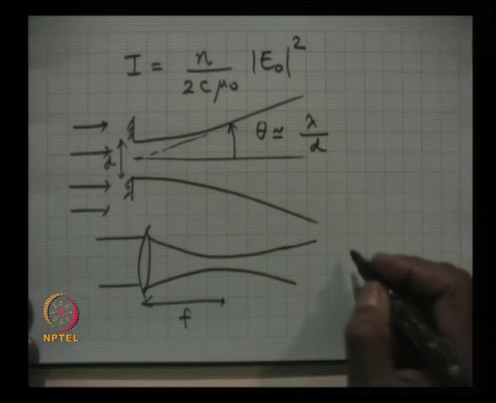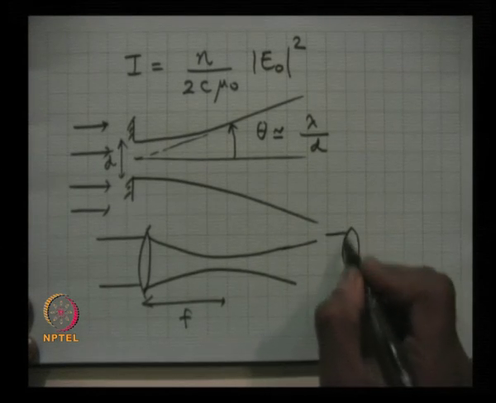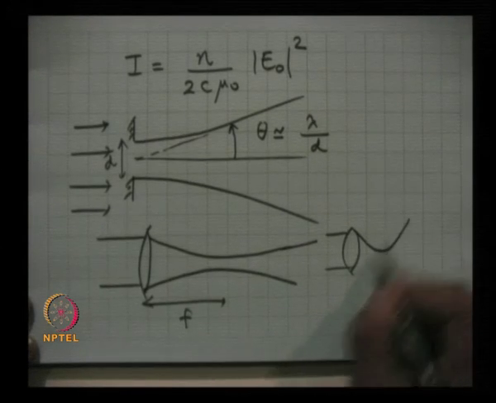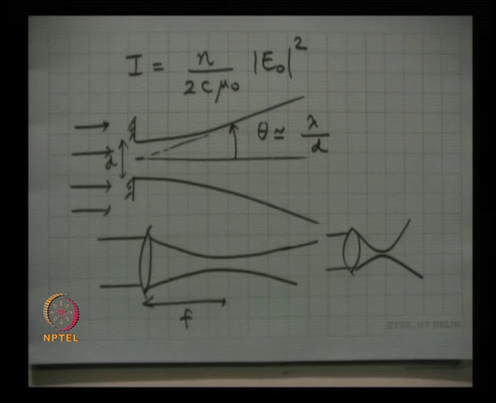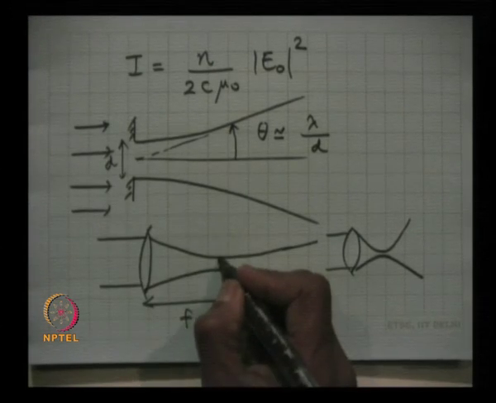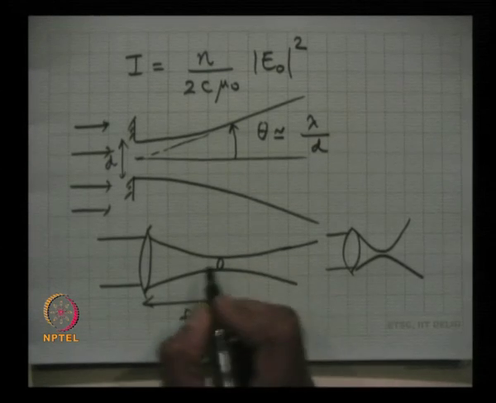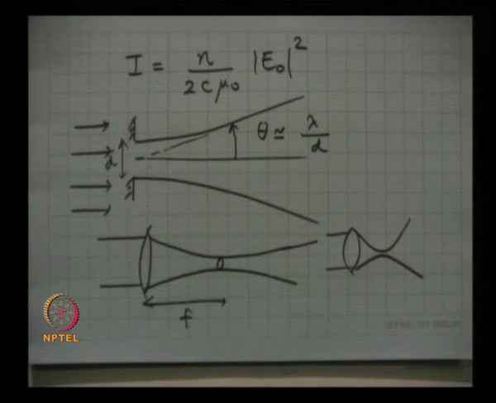If I take a smaller focal length lens, then you can see that this focuses like this and defocuses very quickly. If you want to maintain a certain cross section over a long distance, diffraction plays a role here and does not allow you to keep the same cross section for a long distance. If you try to reduce the cross section, you pay a price by increasing the divergence.